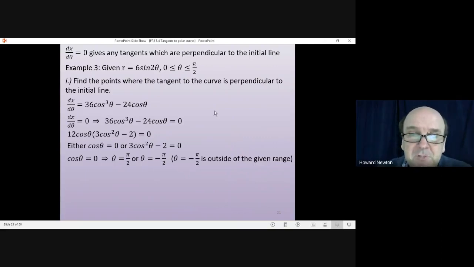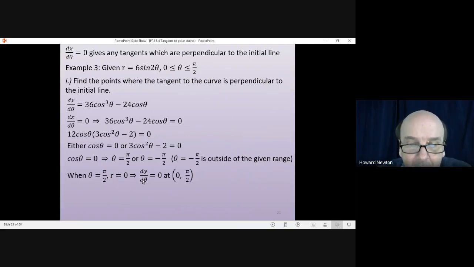And at this point, we do need to remember that they've limited the domain to between 0 and pi by 2 radians. So theta equals minus pi by 2 is outside of that given range. But if theta equals plus pi by 2, then r equals 0, if we substitute into this, which means dy by d theta is equal to 0 at 0, pi by 2 radians.